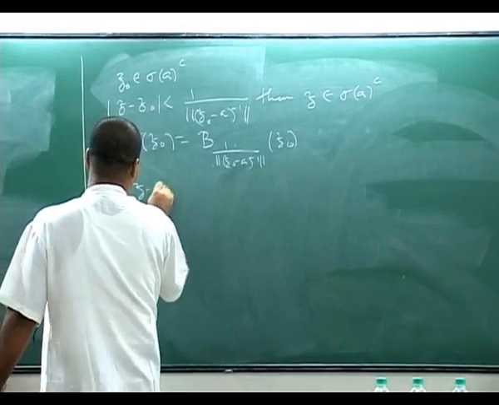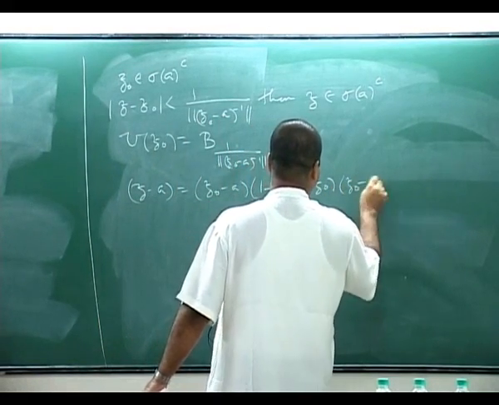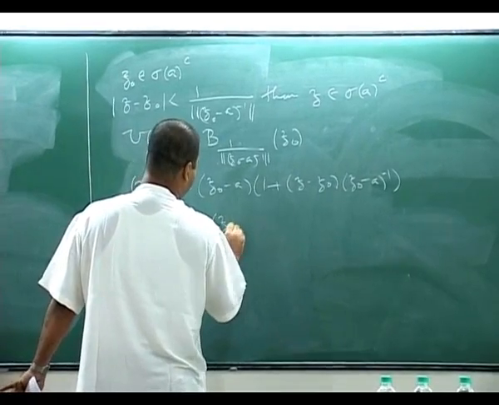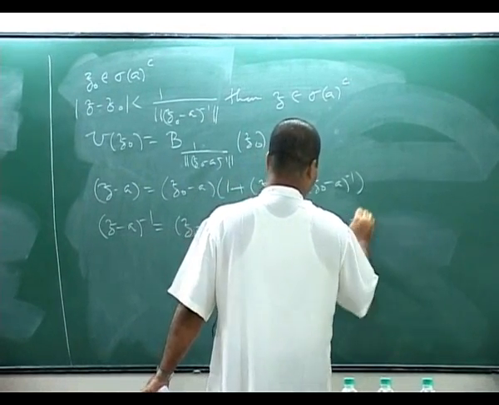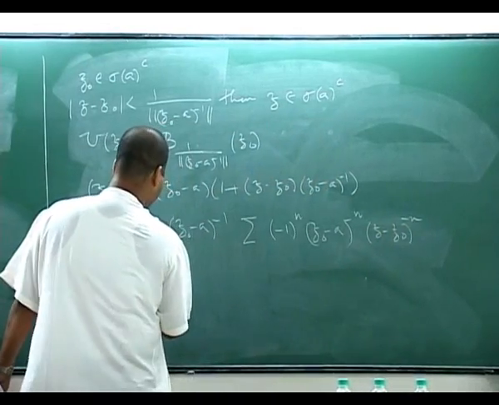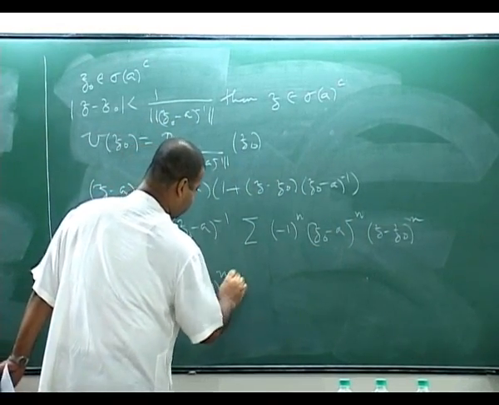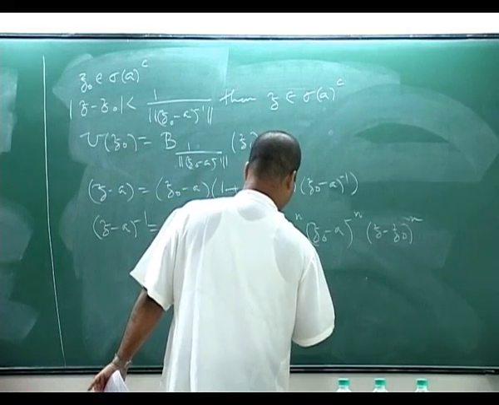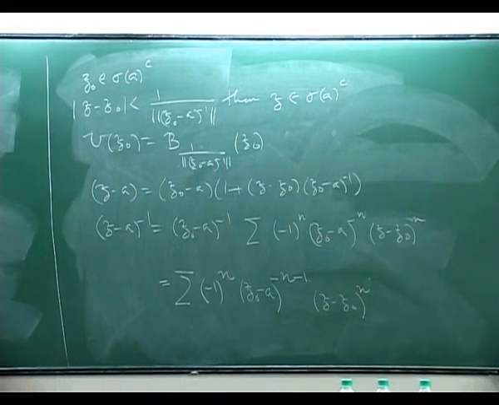So we know, and therefore (z minus A) inverse is like this.